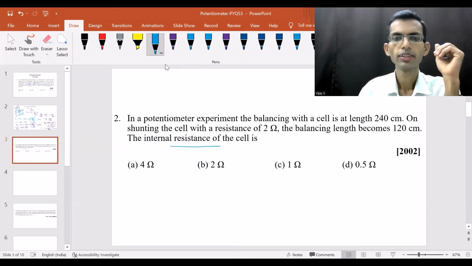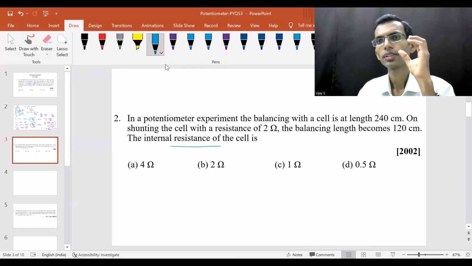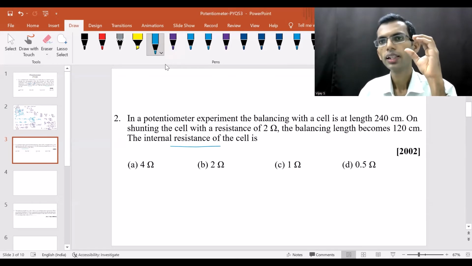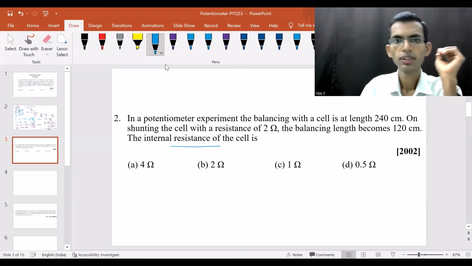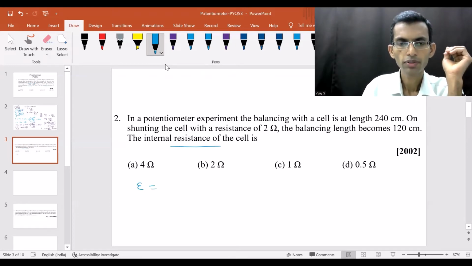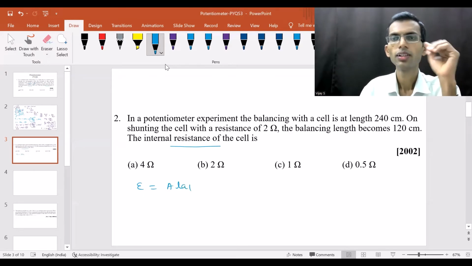We know that for cell case at balance, cell e.m.f becomes equal to potential difference across the balance length. So that means E becomes equal to A into L1, which we obtained in the previous question.